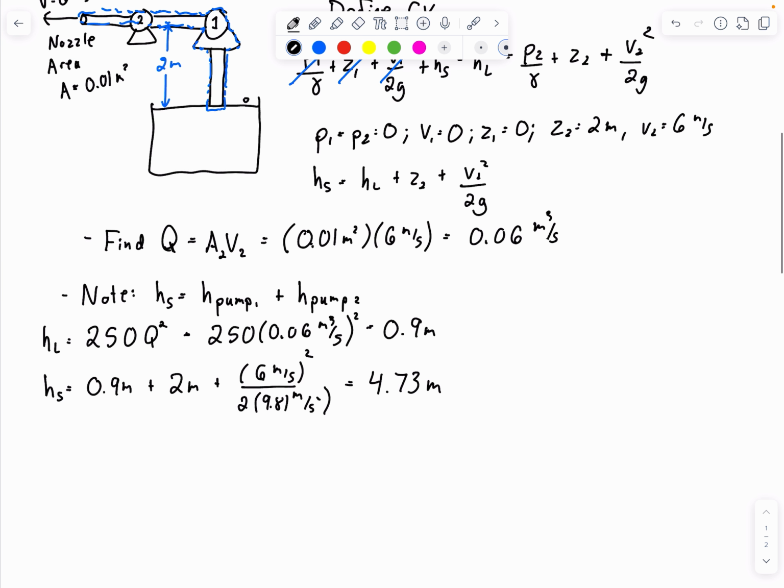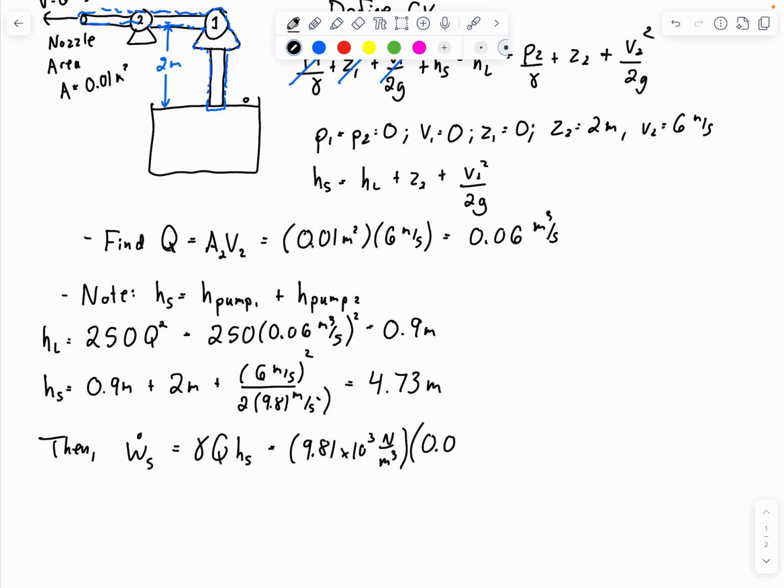Okay, so now to find the total shaft power required, W dot S is our shaft power, and this is equal to gamma times the flow rate Q times H sub S, which we just found. So we know that gamma here is 9.81 times 10 to the 3 newtons per meter cubed.